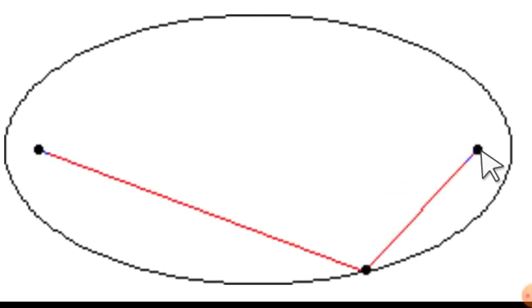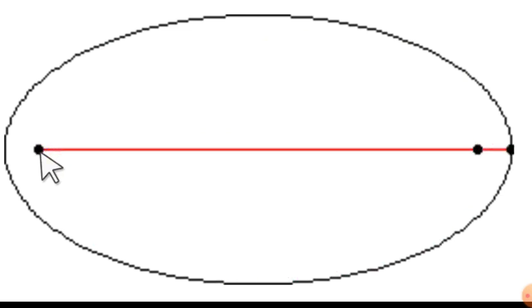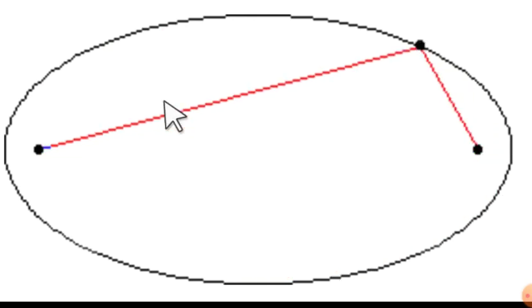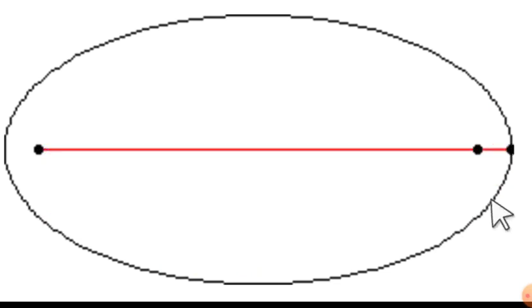If you take the line joining one focus and a point on the ellipse, plus the line joining the other focus and this same point, the sum of these two will remain constant. Wherever the point is, somewhere here also, that sum will remain constant. You will see it in the picture there. This is a constant.